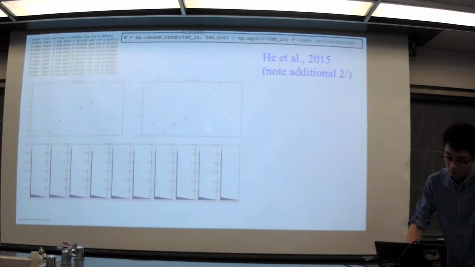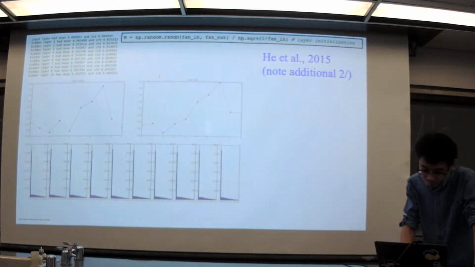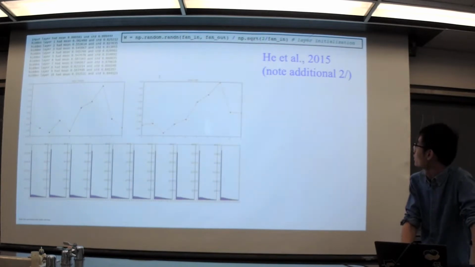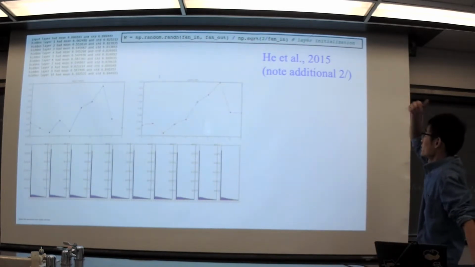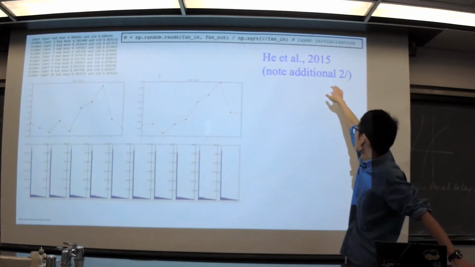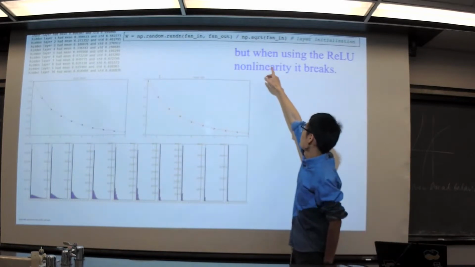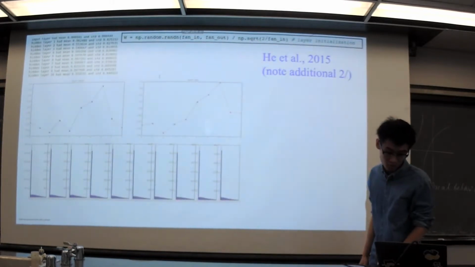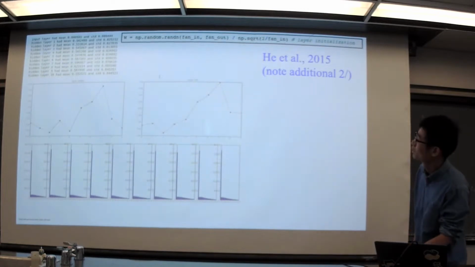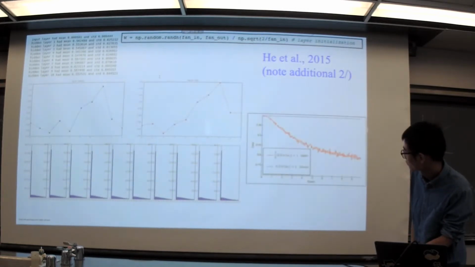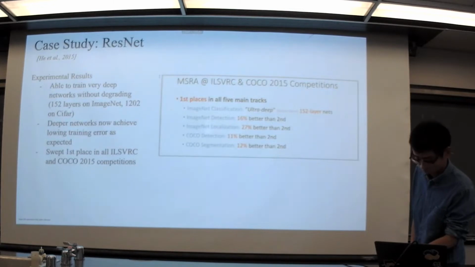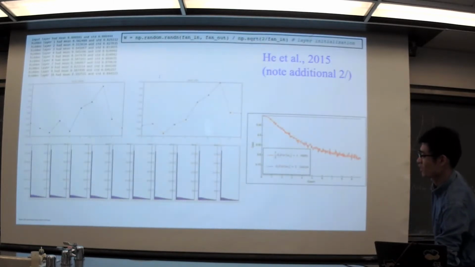So here's what was proposed. The only difference is this square root of 2 over fan-in here. You can see here's 1 over fan-in and here's 2 over fan-in. Why do we say obvious?